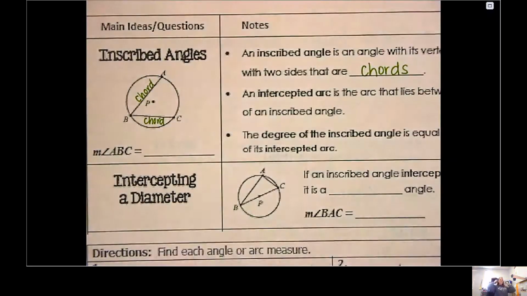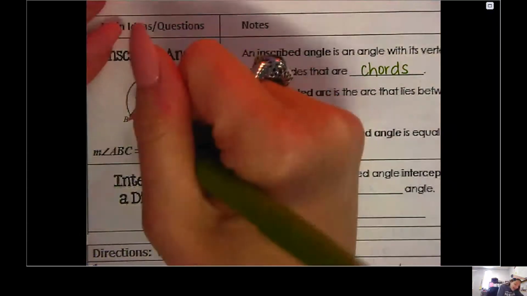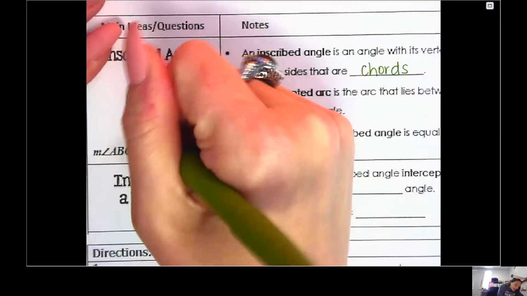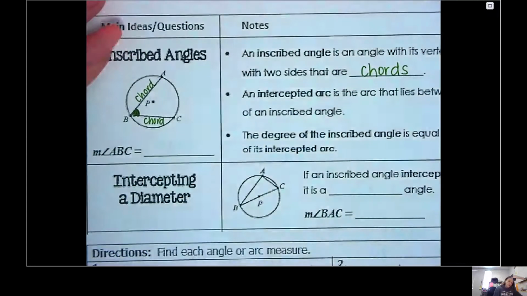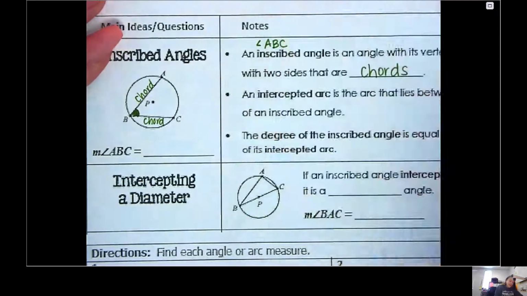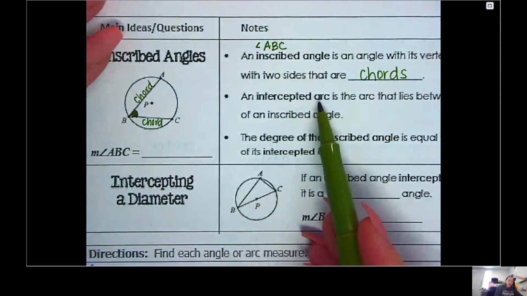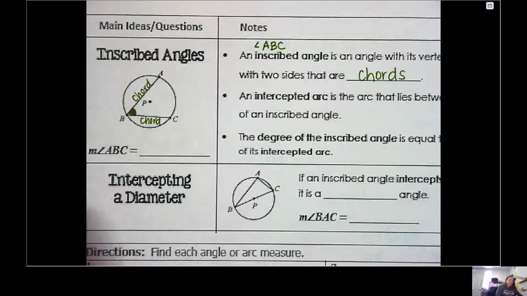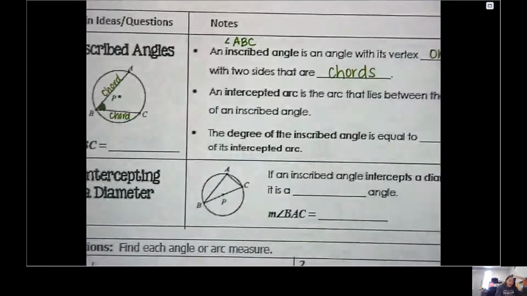Okay, so that is an inscribed angle right here. My inscribed angle is angle ABC. An intercepted arc is the arc that lies between the endpoints of an inscribed angle.